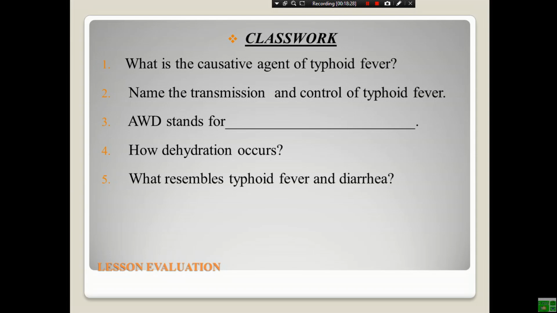Question number 3. AWD stands for acute watery diarrhea. Question number 4. How does dehydration occur?